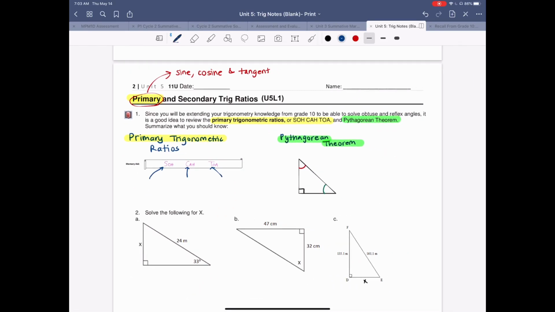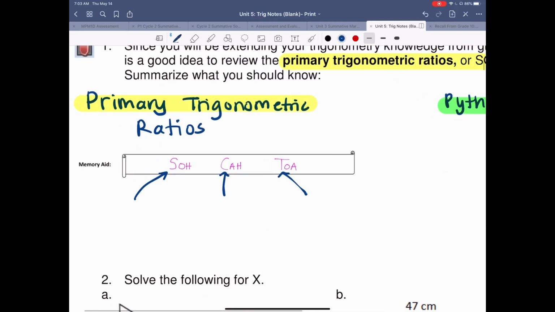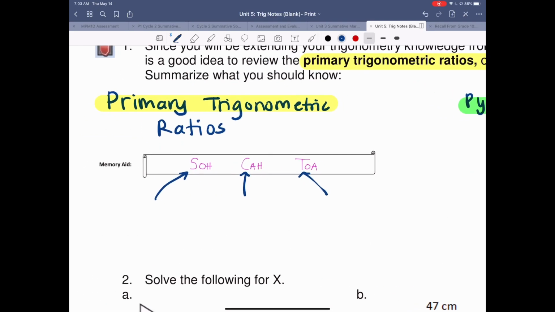So for primary trig ratios, as you've seen from the previous note, you have sine theta is equal to opposite over hypotenuse. Cos theta is equal to adjacent over hypotenuse.